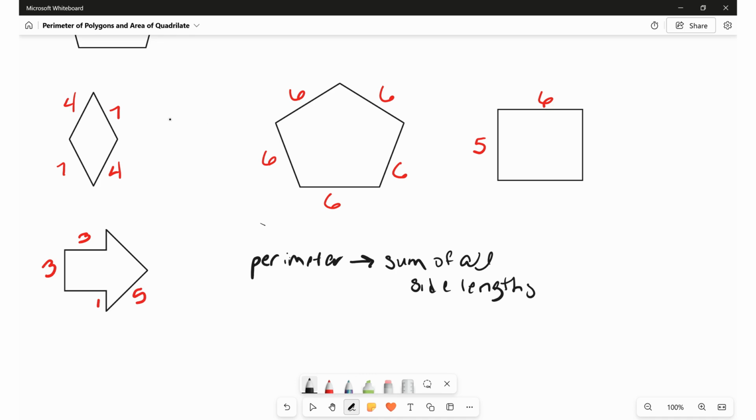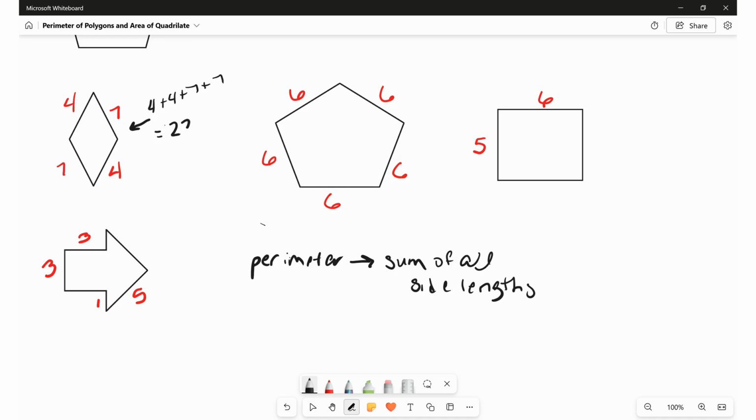So first of all, to find the perimeter of this figure right here, 4 plus 4 plus 7 plus 7, or we could go 4 plus 7 plus 4 plus 7, either way. So the perimeter of this figure right here, what is that? 8 and 14.